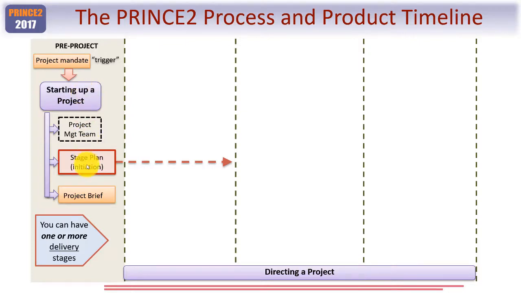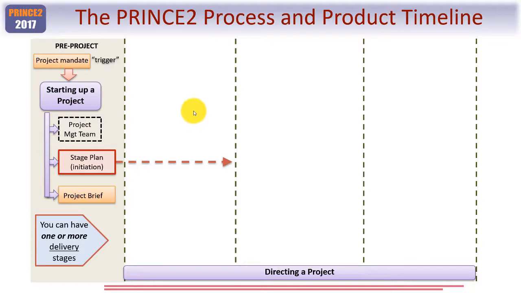You will create a plan for everything that is needed within the first stage within PRINCE2, which, as you'll see, will be called the initiation stage. So the stage plan contains what? Well, the tasks and resources needed to carry out the work within the initiation stage, this point here.